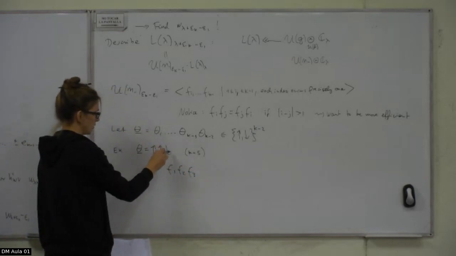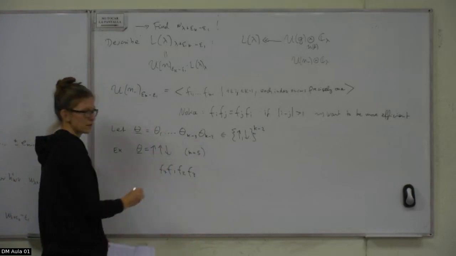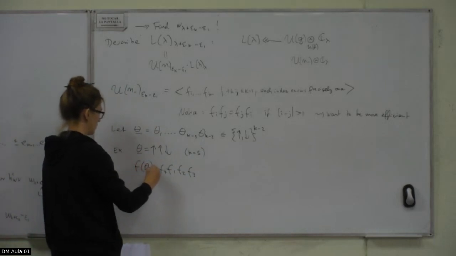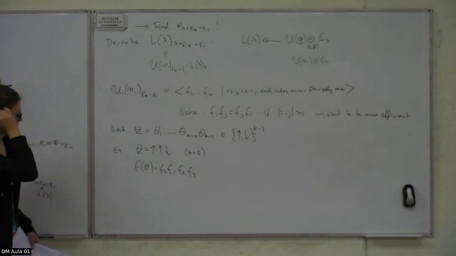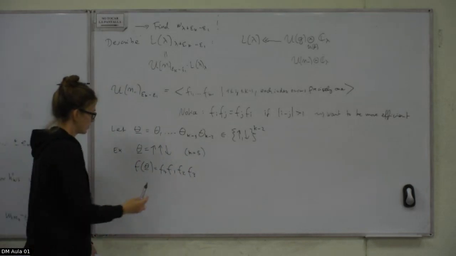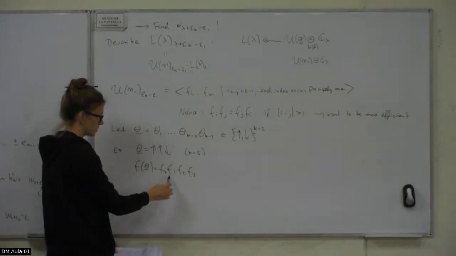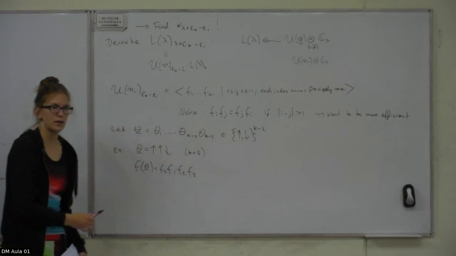And now f_4 needs to be in decreasing order, so we just put it at the very front. That would be f of theta underlined. Observe that we could have written this f_4 also by commuting it past f_1 or f_2 somewhere else, but let's just do it like that.